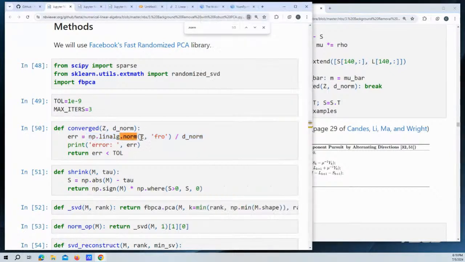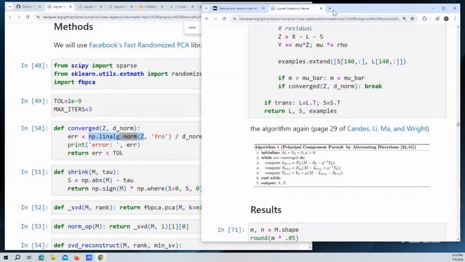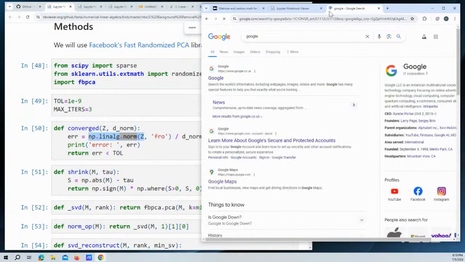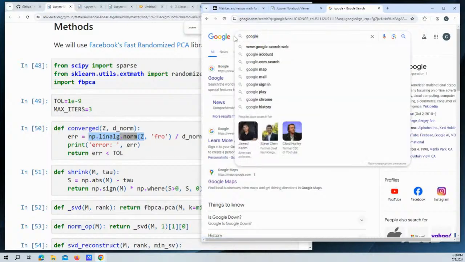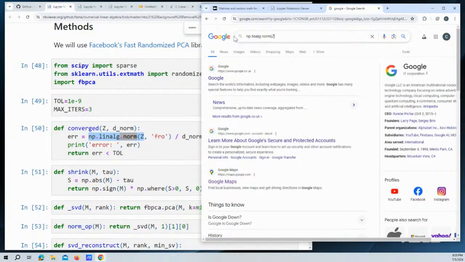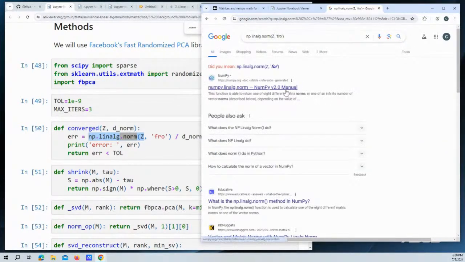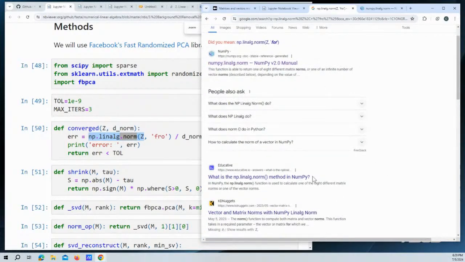So let's see if we can Google this and find someone talking about why we normalize Z, because it might mean something. I'm going to see if anything pops up. Well, reading the documentation may help.